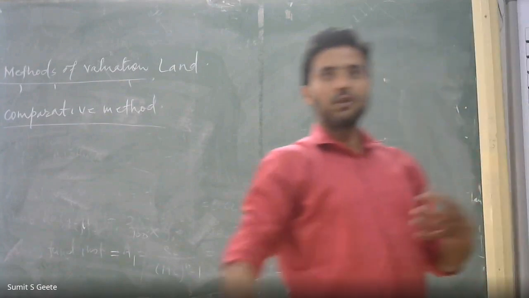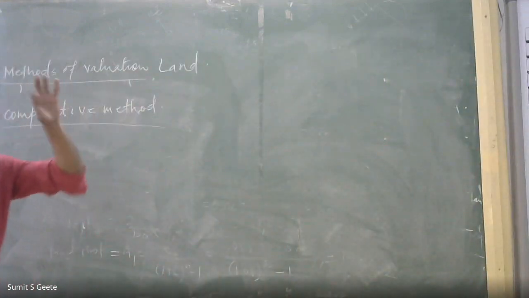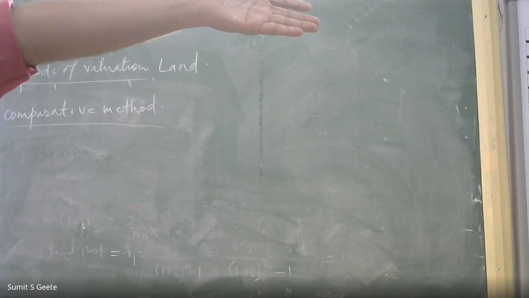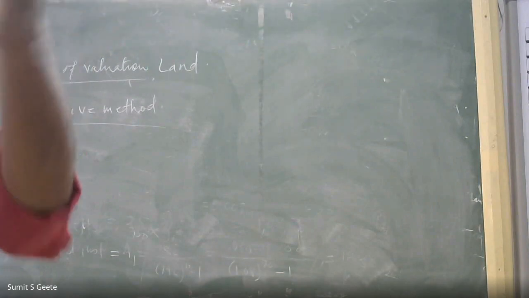So what exactly are we doing in this case? We are comparing the rates of purchase or sale that happened nearby, at that time, in the same locality. It is not necessary that if you have your plot at Gorewada, you compare the rate at Ramdaspet. So within the same locality.